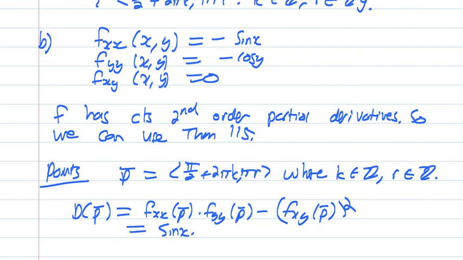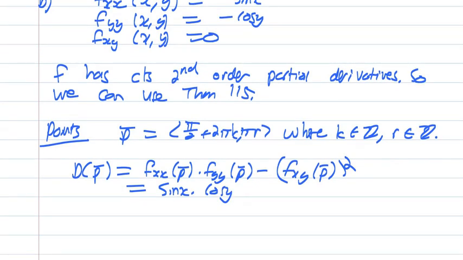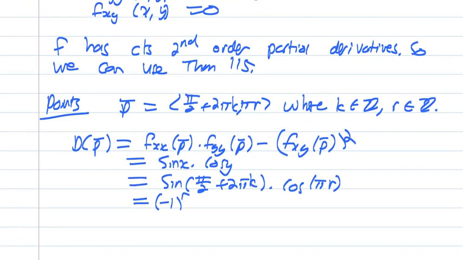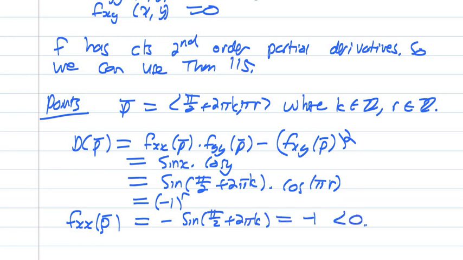That is sine of pi over 2 plus 2 pi k times cos pi r. Sine at pi over 2, or adding multiples of 2 pi to that, evaluates to 1. So we get cos pi r, which is equal to minus 1 to the power r. And f double x at the point P evaluates to minus sine of pi over 2 plus 2 pi k, which is minus 1, which is less than 0.